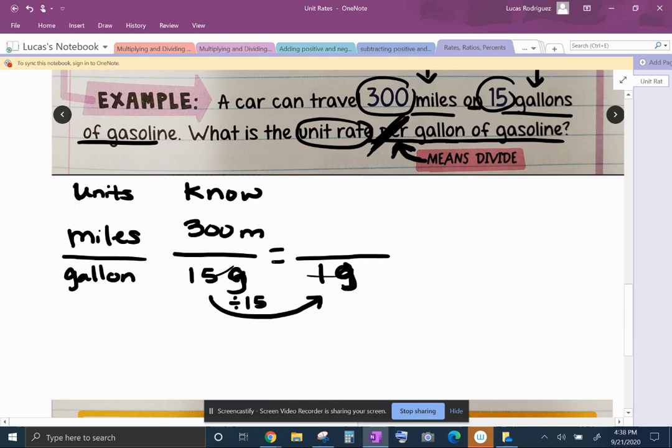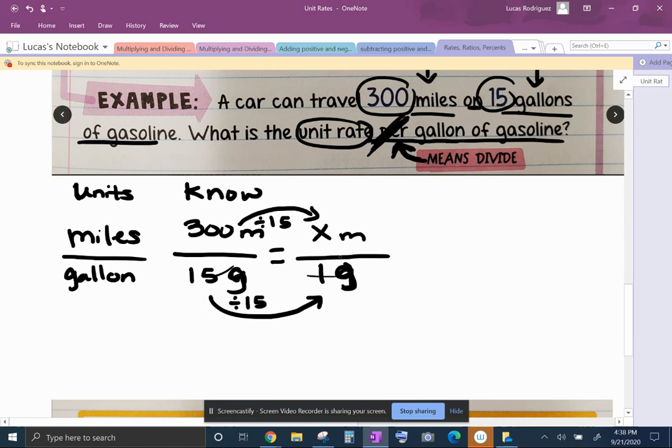And these are actually equal ratios, okay? And if I want these ratios to be equivalent, then I also have to do the same thing to the numerator, and divide by the same amount.